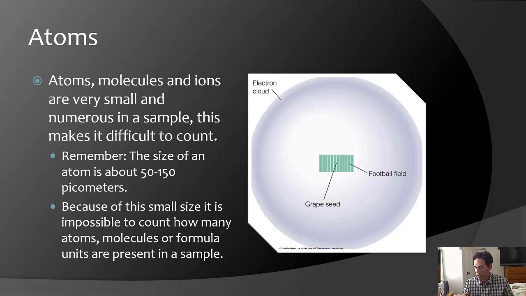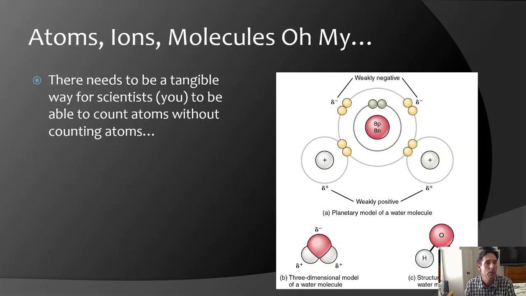Roughly, if we were to go to something like Qualcomm Stadium, or sorry, San Diego Credit Union Stadium now, and you put the grape seed on the center of the 50-yard line, the size of the atom itself would extend beyond and towards the parking lot. So remember, it's a bunch of empty space, kind of like my head sometimes.